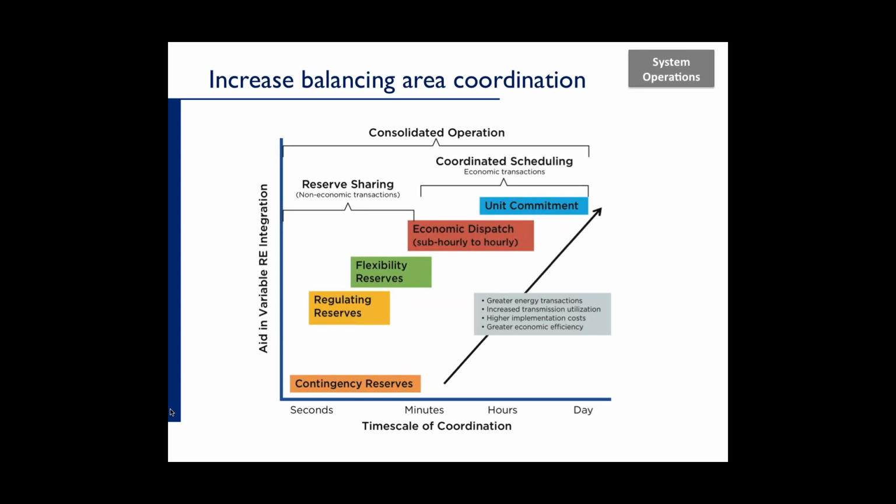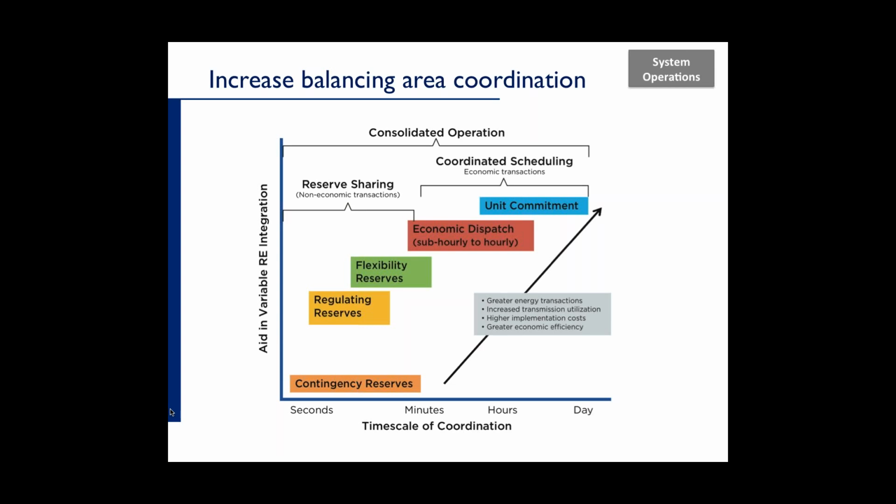But as you move up the scale and look at the various building blocks here, the next category is regulating reserves. We could have two or more neighboring systems that share regulating reserves. This is something else that's been done in parts of the United States, sharing only regulating reserves, and what that does is result in everybody needing a little bit less regulation, which is a cost saving.